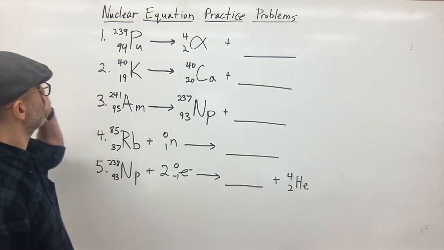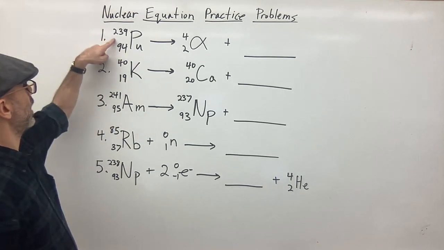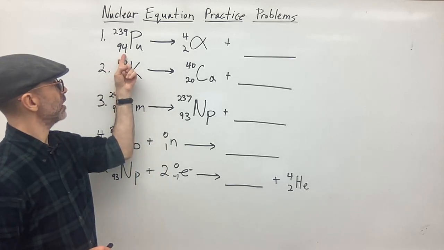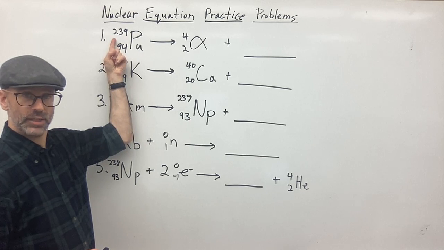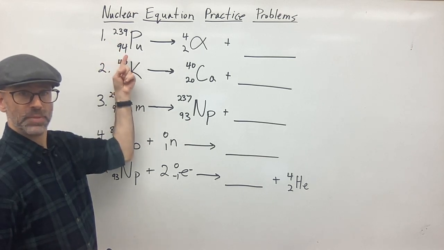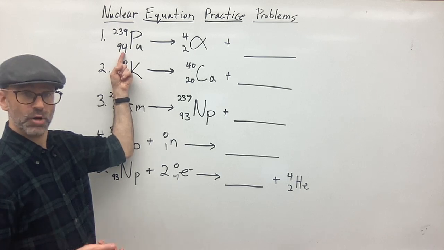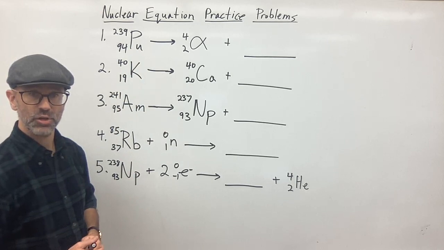So problem number one, we're given Pu, plutonium, 239, and it has an atomic number of 94. So remember, the top number is protons and neutrons, which is your mass number, and then your bottom number is your atomic number, which is the number of protons, which identifies the element Pu on the periodic table.